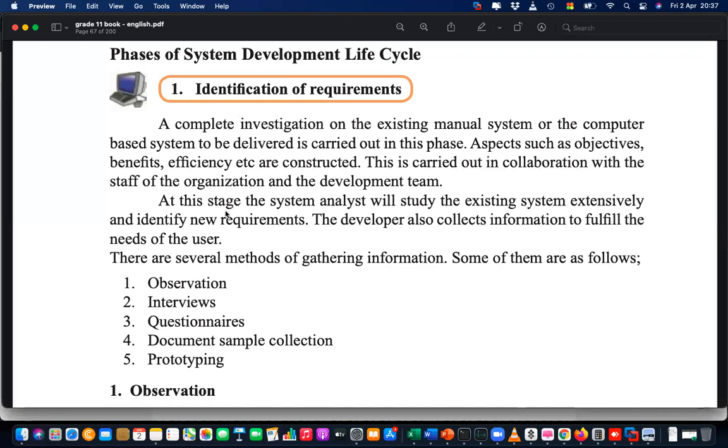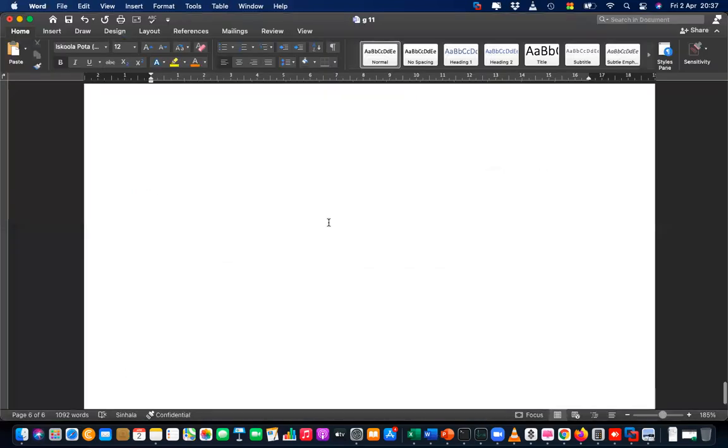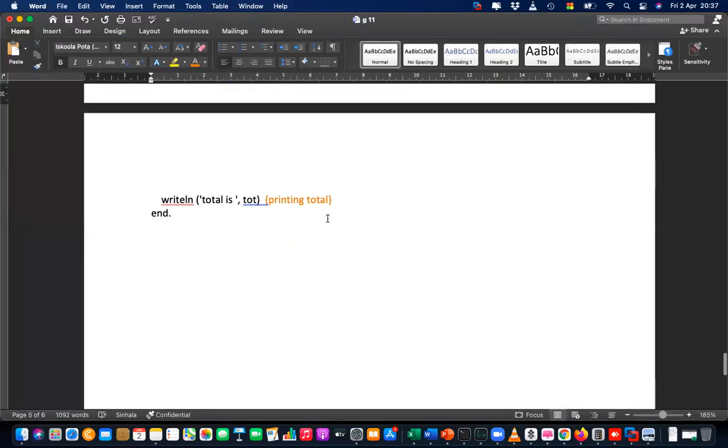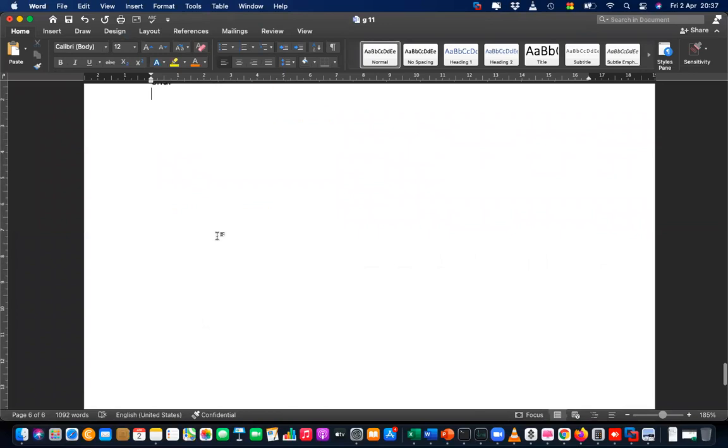Okay, so let's write that as an example. Write down the heading, phases of SDLC.